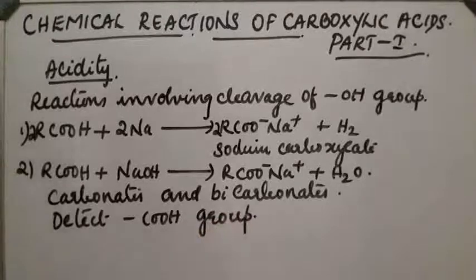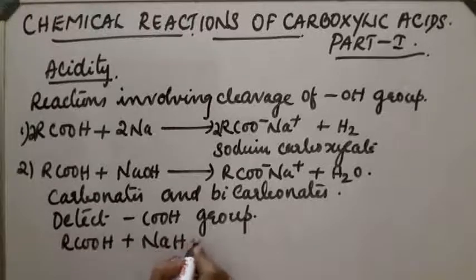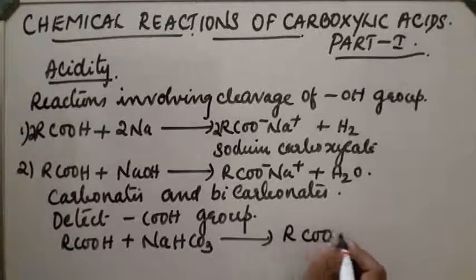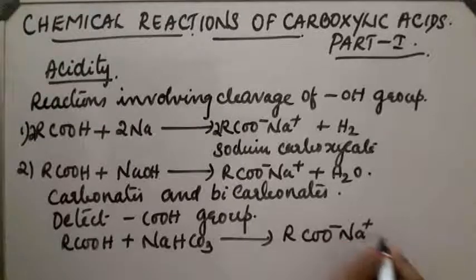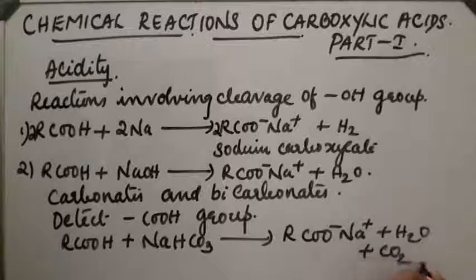Let us see the reaction. RCOOH on reaction with sodium bicarbonate gives the carboxylate ion RCOO minus Na plus, H2O, plus carbon dioxide. Carbon dioxide gas is evolved. So this reaction is used to detect the presence of the COOH group in carboxylic acids.